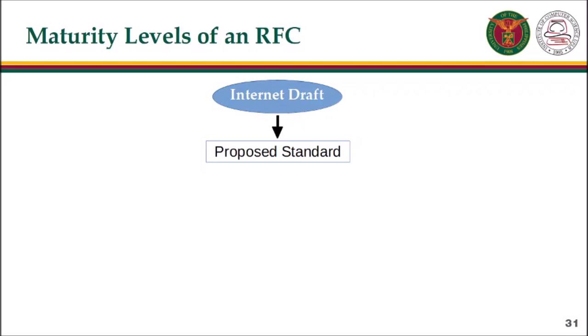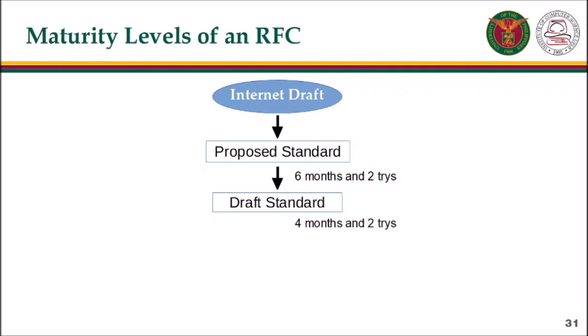At this level, the specification is usually tested and implemented by several different groups. A proposed standard is elevated to draft standard status after at least 2 successful independent and interoperable implementations. A draft standard reaches Internet standard status after demonstrations of successful implementation.